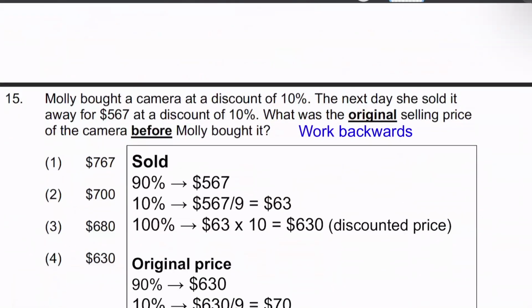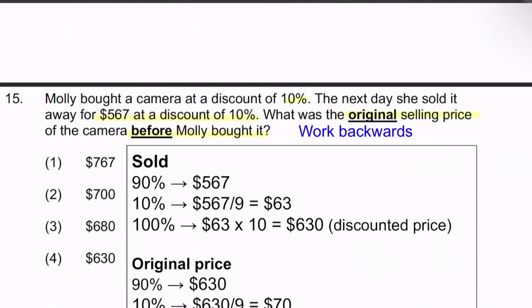So she bought a camera at a discount of 10%. Next day, she sold it for $567 at a discount of 10%. The question is asking you what is the original selling price of the camera before Molly bought it.